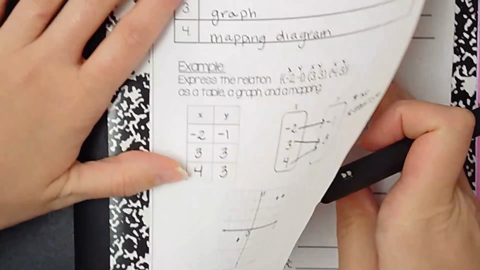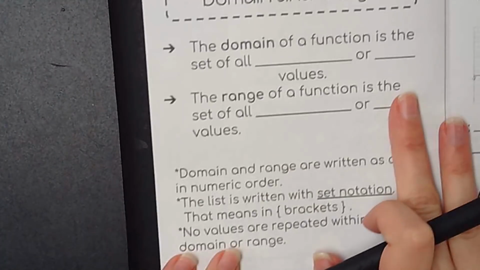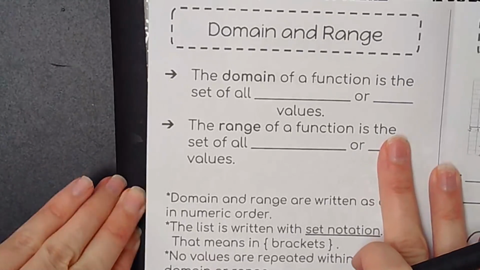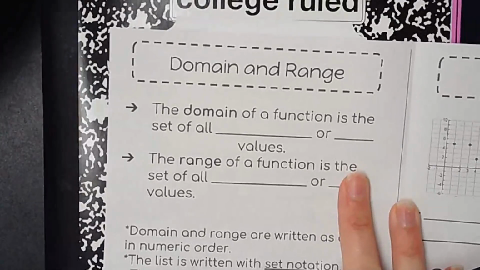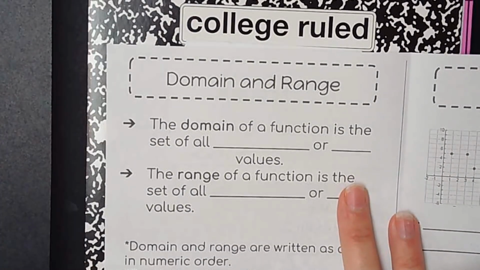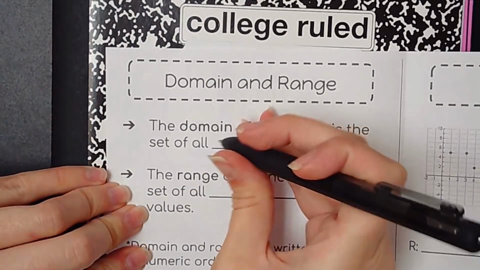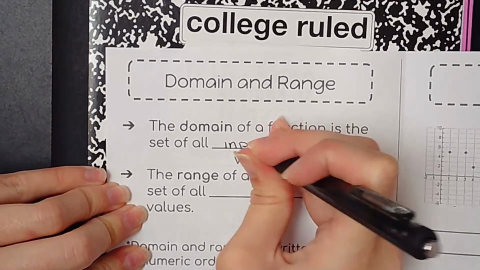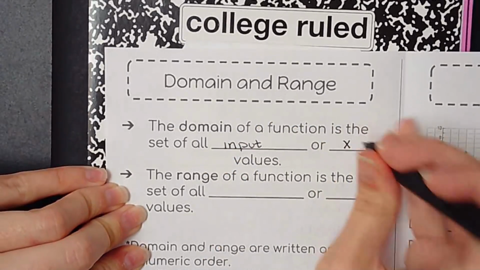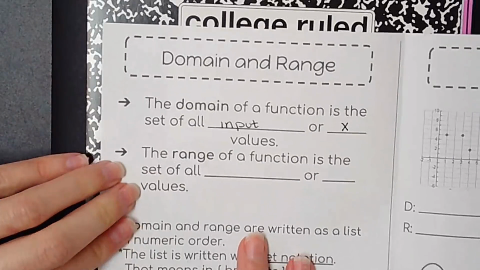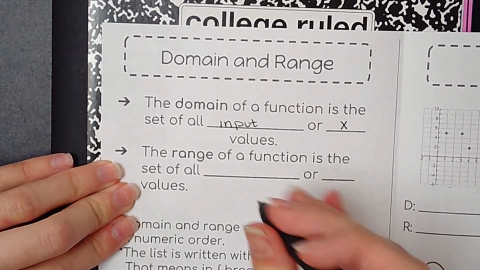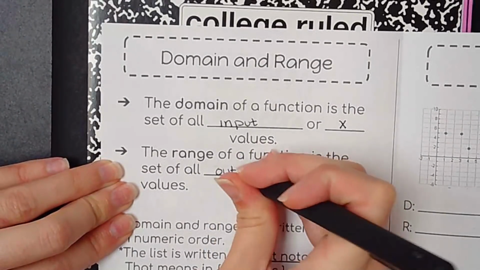So when you have relations, we can also talk about their domain and range. The domain of a function is the set of all input values. We usually call those our x values. And the range is the set of all output values.